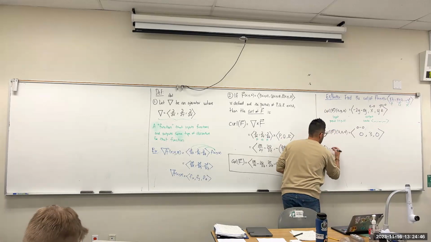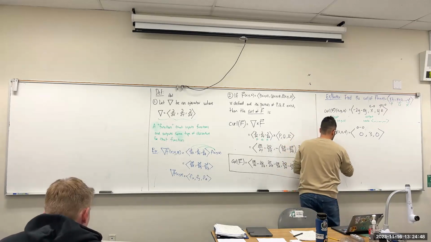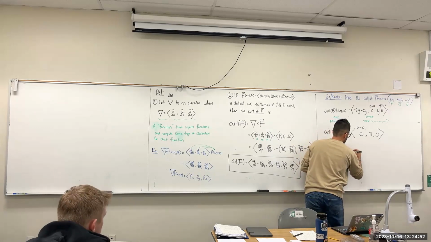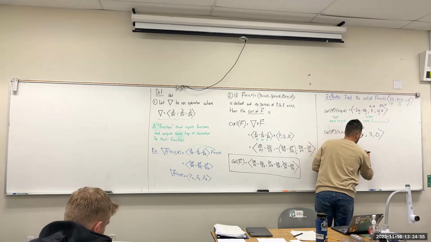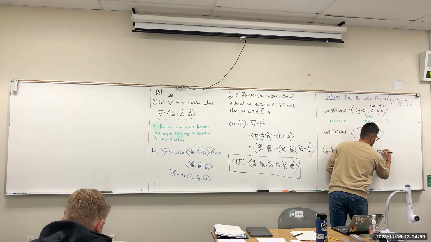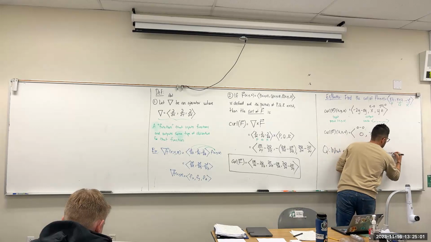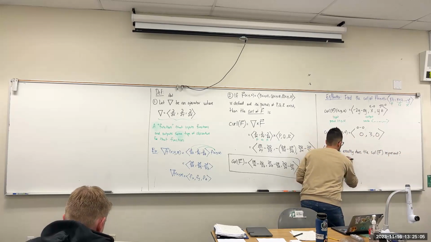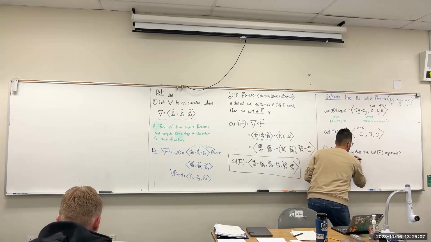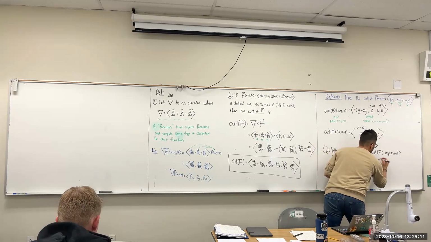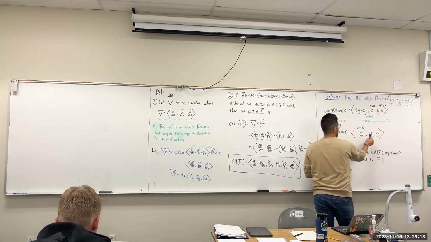So question, what exactly does the curl of f represent? And then how is it related to the original vector field? What does this vector here really mean?